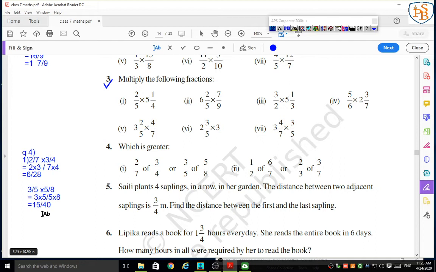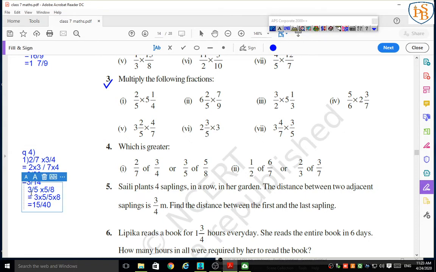We have to equalize the denominators. But first we can find the reduced form. So 6 and 28 are even numbers, that means these numbers can be divided by 2. So 2 3s are 6 upon 2 14s are 28.